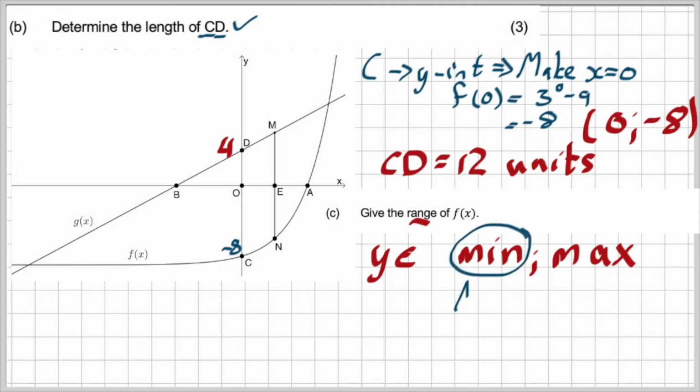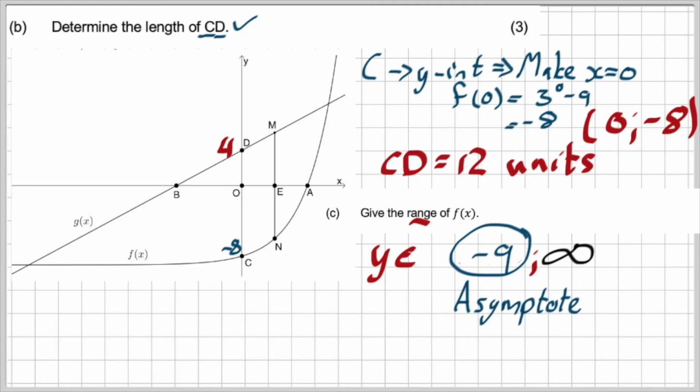Now the lowest y value, well, that's the asymptote of f of x. The maximum, well, does the graph have a highest y value? No. So in other words, my asymptote, which is -9, and my maximum is infinity. And there's my range.